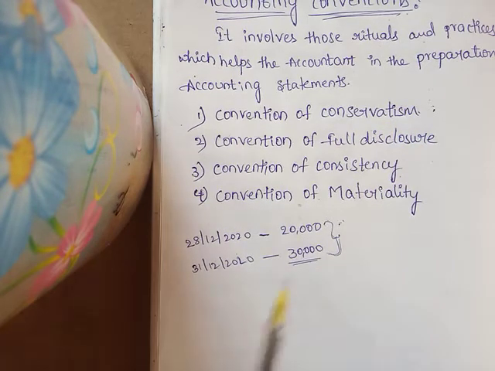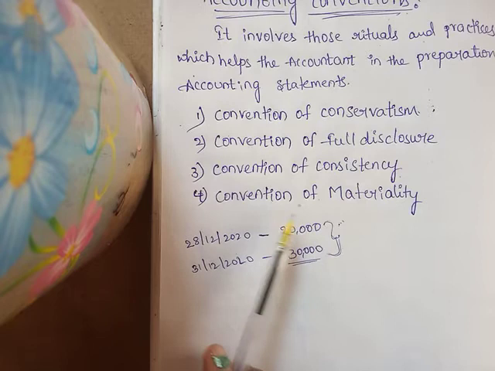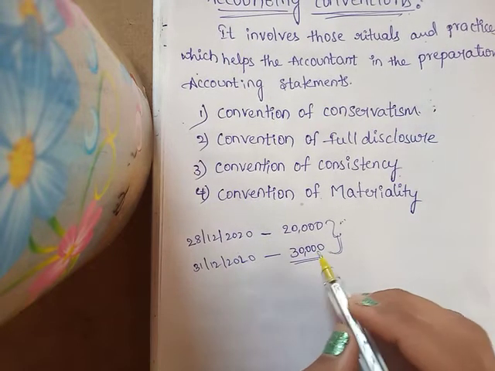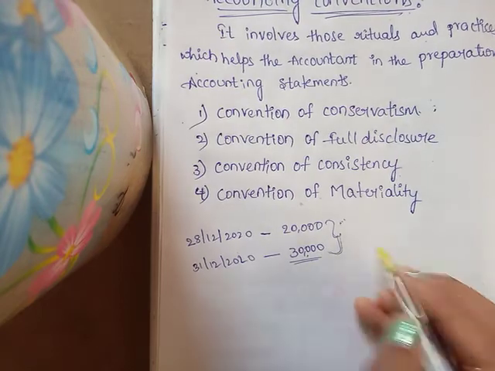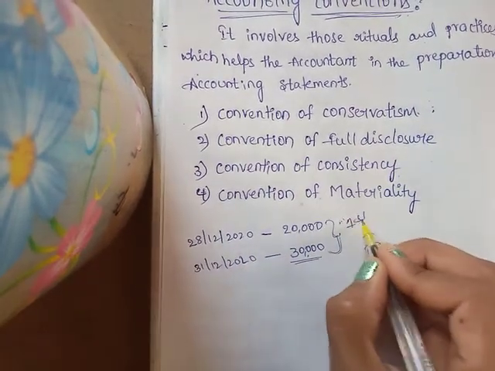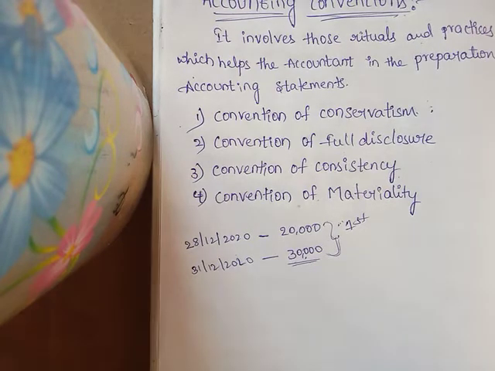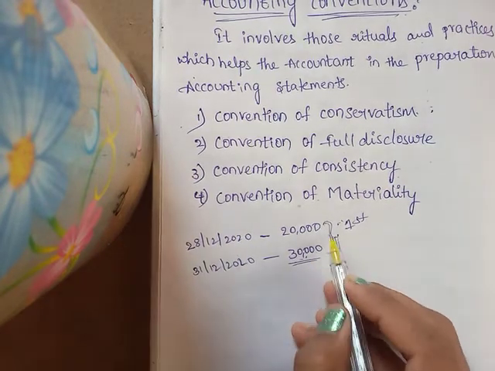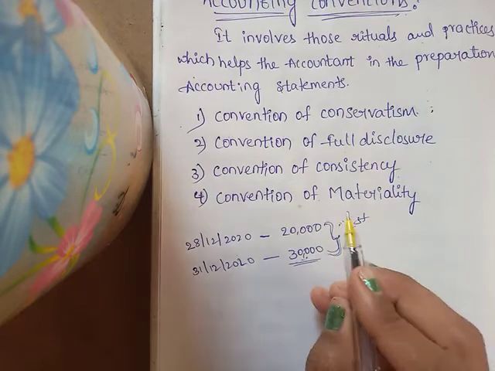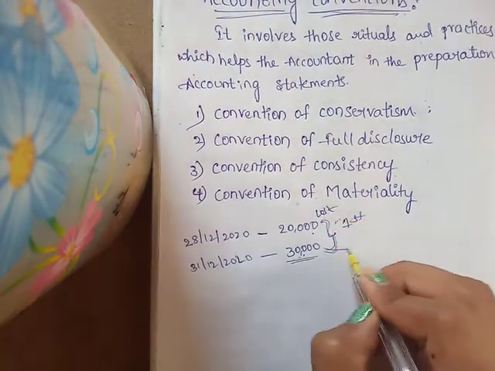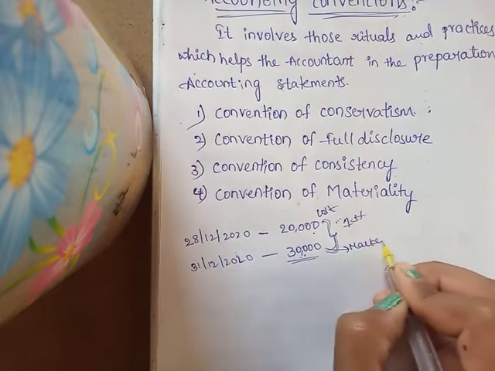Okay, when the convention of conservatism is used, inventory is valued at a lower price. This is the first example: at the end of the year, while recording the books of accounts, we record whichever is lower, either cost price or market price.